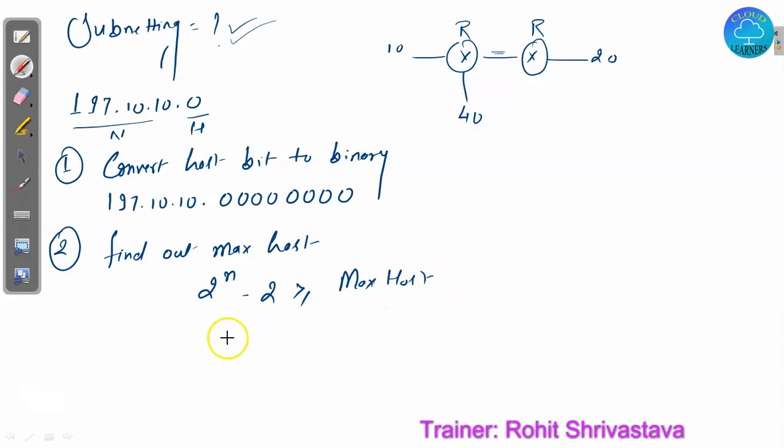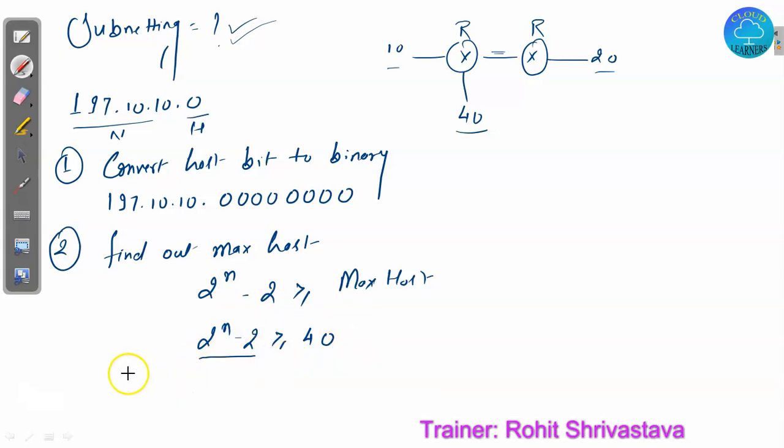In our case the maximum hosts is 40, as you can see, 40, 10, 20. So it will be 2 raised to n minus 2 greater than or equal to 40. We need to put the value of n in such a way that this satisfies this equation.